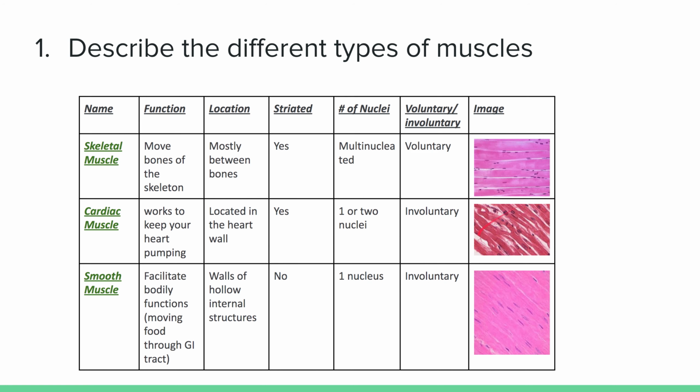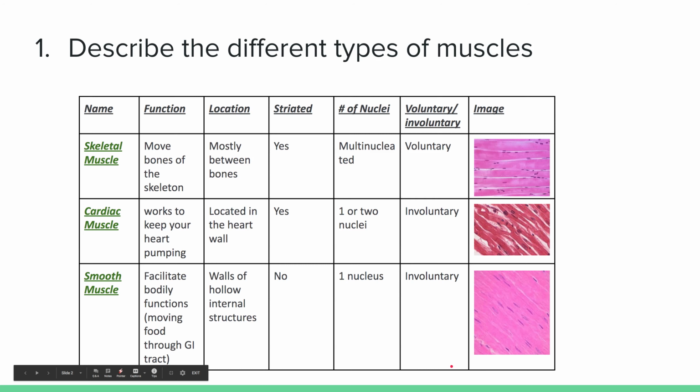As you can see over here, this whole strand has one to two, so it really varies, but it doesn't have a lot of nuclei like the skeletal muscle that we see here. And it's involuntary, so you don't keep thinking about contracting your heart to pump blood. Your body already does it for you.